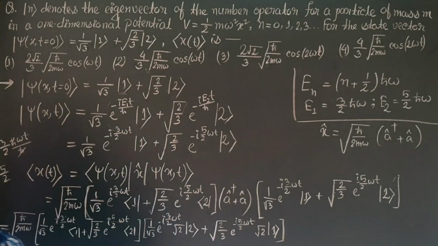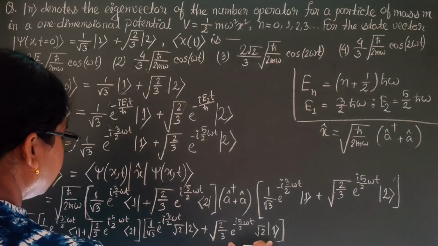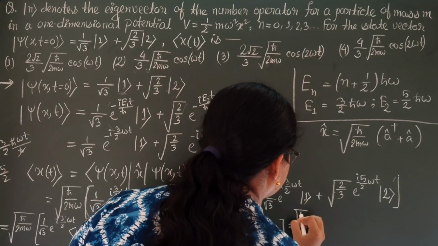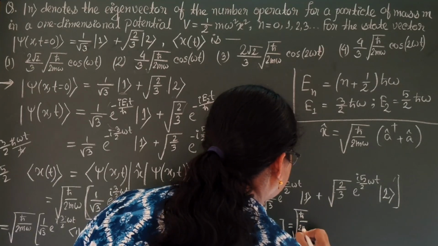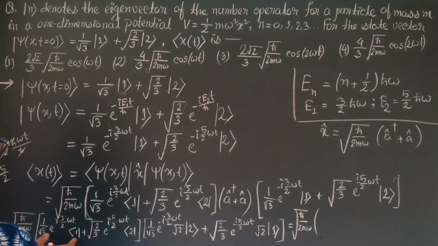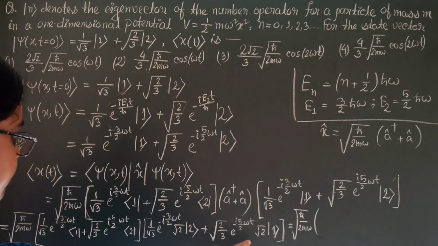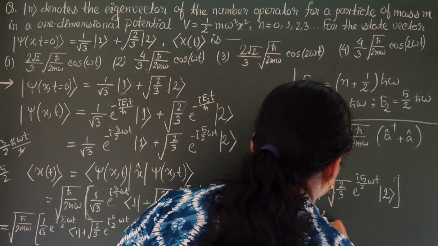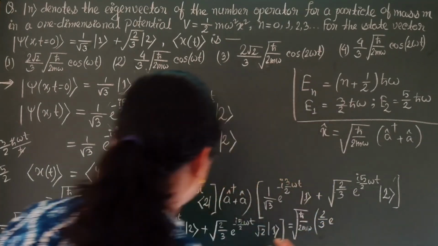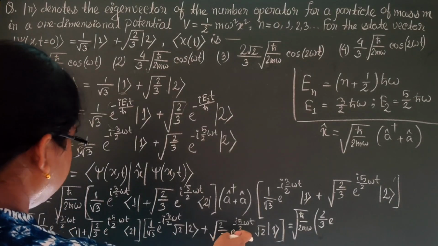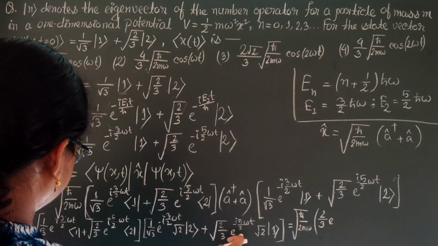Okay, now bra 1 acts on this and bra 2 acts on this, so it will be root under h cut by 2m omega. When this term acts on this, it will give 2 by root 3, so 2 by 3 e to the power 3 by 2 omega t minus 5 by 2 omega t.